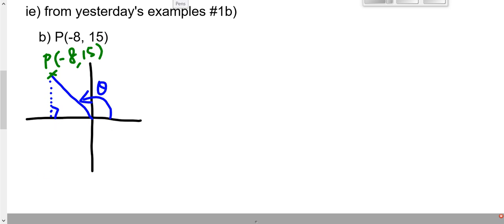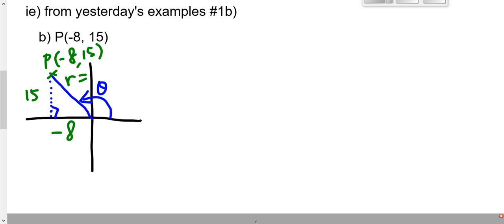But in order to keep track of the sign so that we do not screw up SOHCAHTOA, we still keep track of the sign. So -8 here, 15. And this is your r, which we are going to find.